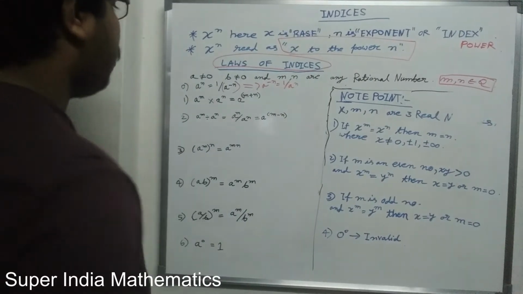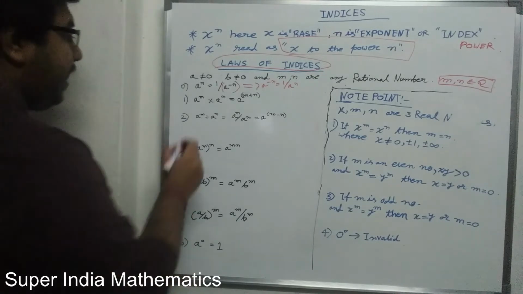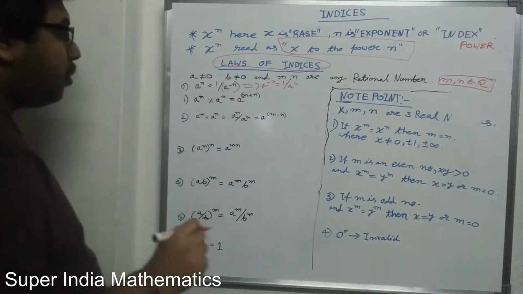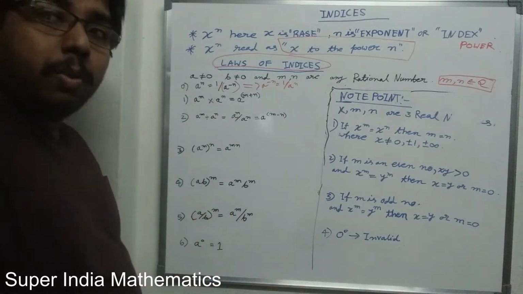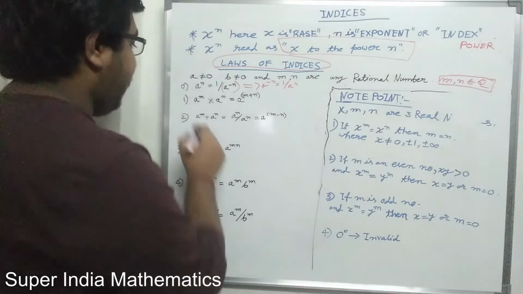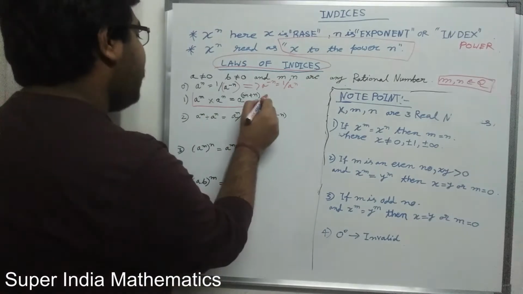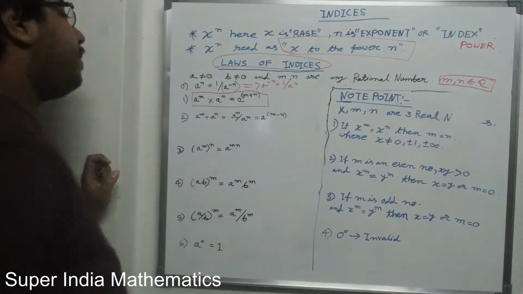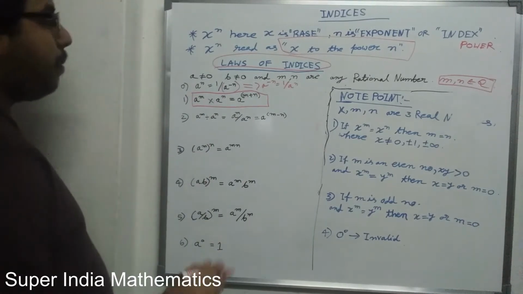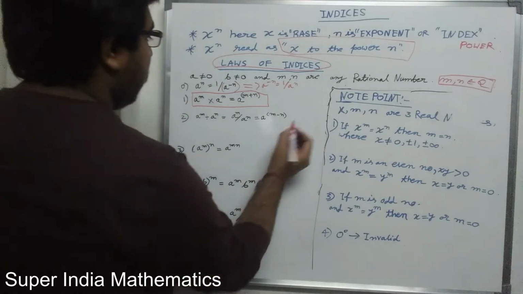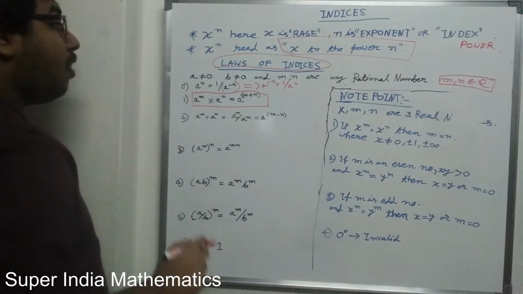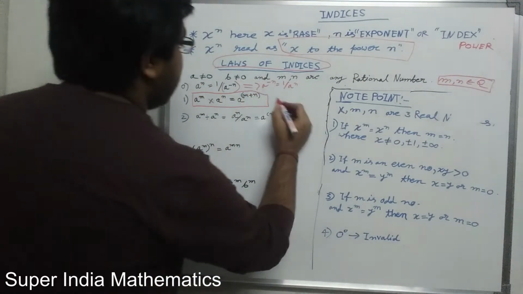Next, the first law of indices is a to the power m into a to the power n equals a to the power m plus n. This is the fundamental law of indices.